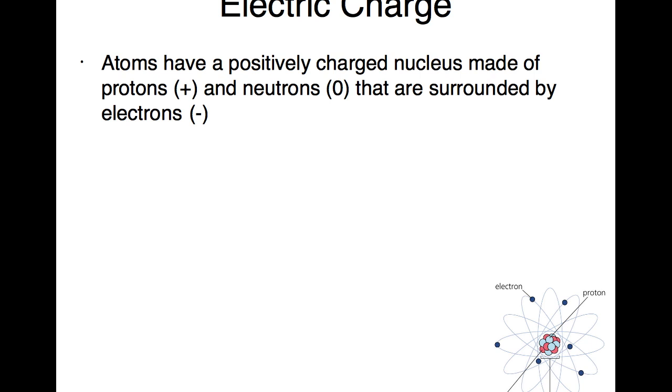So, as you can see on the bottom right hand corner of your screen, you have an atom right here, and on the outside the electrons, which are negative, and in the center here you have the neutrons and protons, which makes the nucleus of the atom neutral.